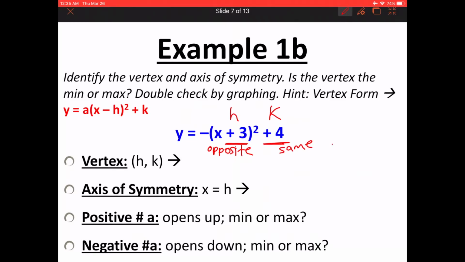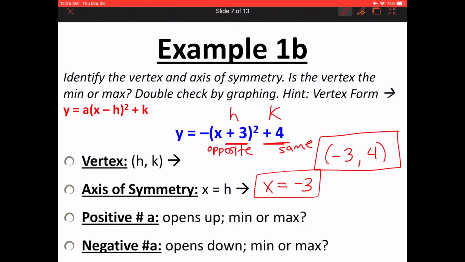So the opposite of 3 is going to be negative 3, and then I just keep my 4. So there is my vertex. The axis of symmetry is x equals h. Always take the opposite. So x equals negative 3. And remember, those two numbers should match up. My axis of symmetry should be the same as the first number in my vertex.